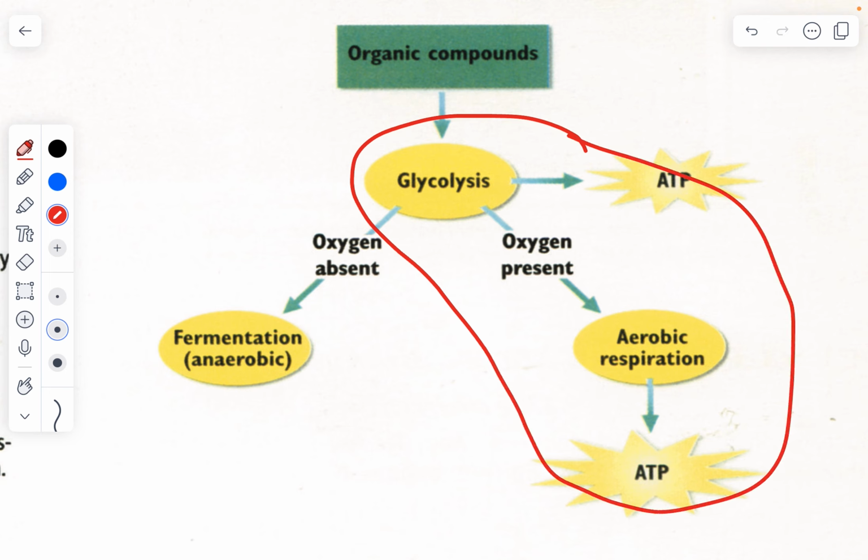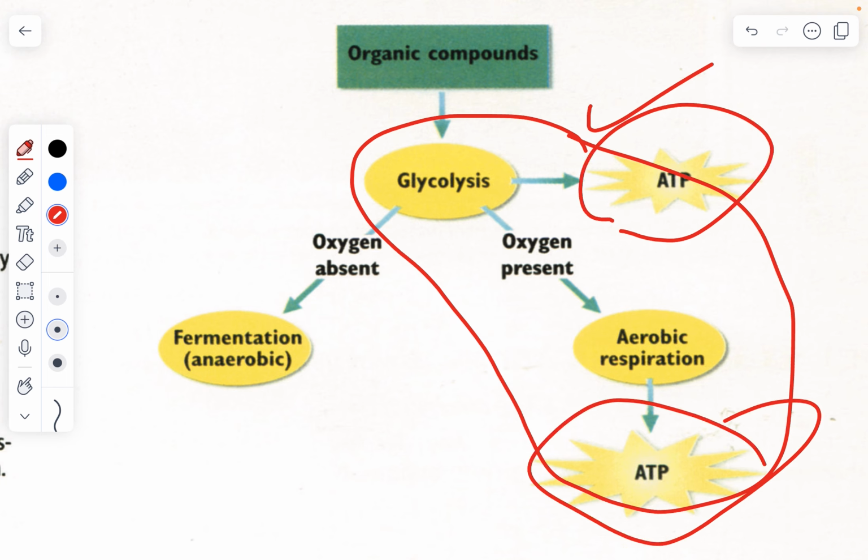Glycolysis, as you can see, is also counted with aerobic respiration. So in the aerobic respiration pathway, glycolysis gives ATP and aerobic respiration also gives ATP. So for the aerobic respiration pathway, I can say the aerobic pathway can give additional ATP.